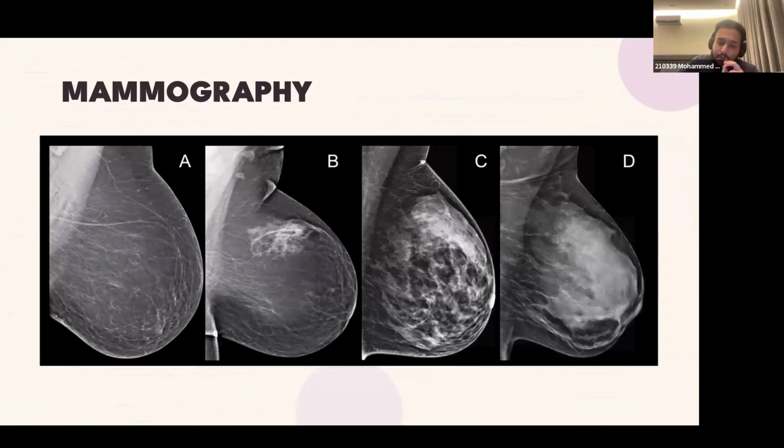Now, the important thing to remember about mammography is that its effectiveness at detecting pathologies is limited depending on how dense the breast is. It's affected by breast density. You have a score, a grade, depending on how dense the breast is: below 25, 25 to 50, 50 to 75, and greater than 75% density.